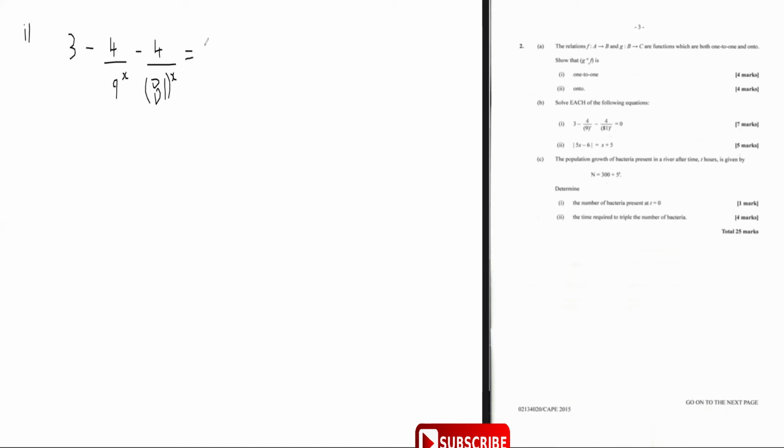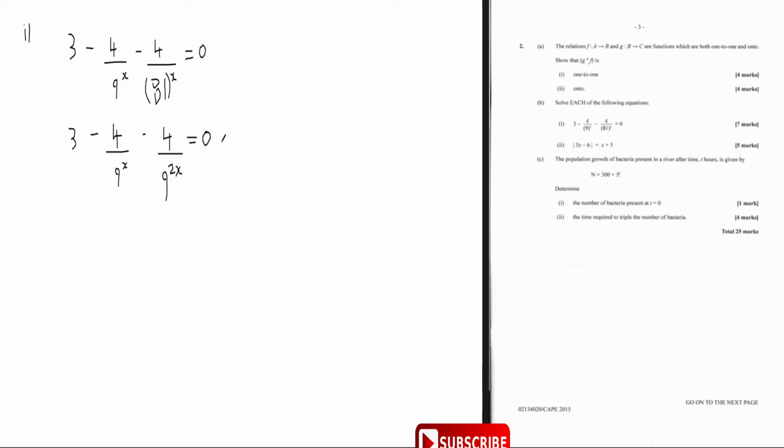Now the first thing I want to do is rewrite this equation as 3 minus 4 over 9 to the x minus 4 over, instead of saying 81, I'm going to rewrite this as 9 squared, and 9 squared to the x is just 9 to the 2x, and that's equal to 0.